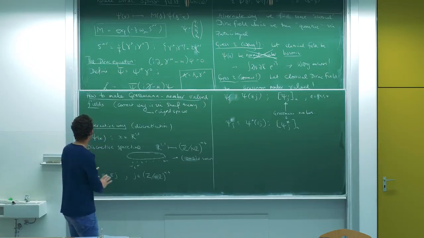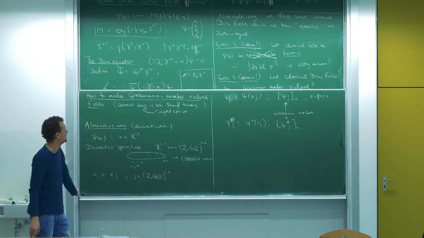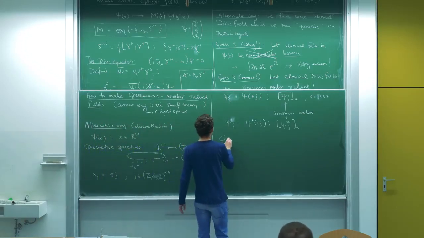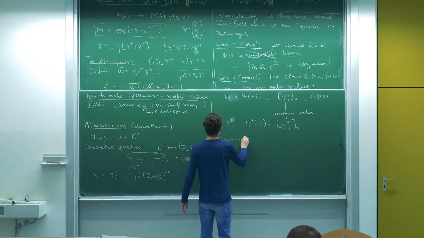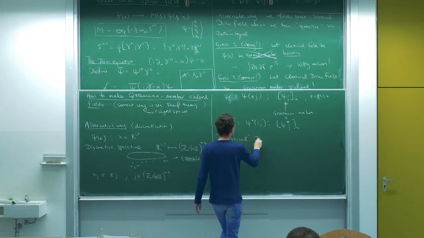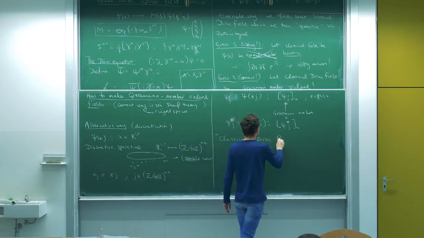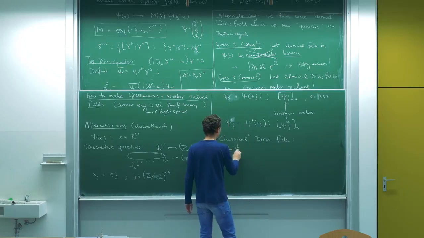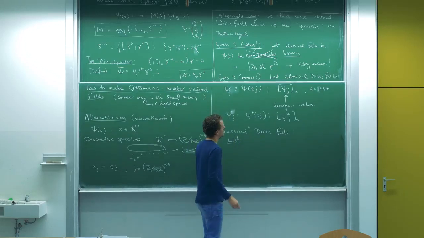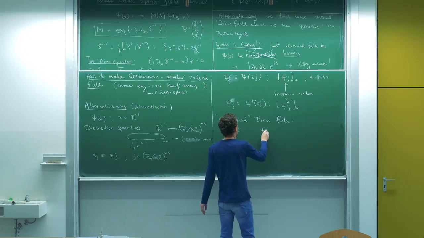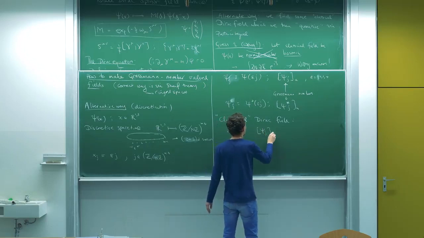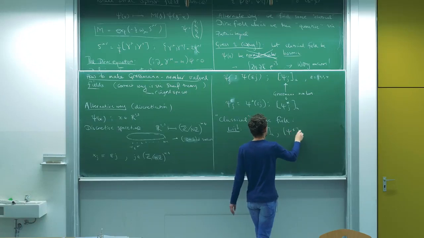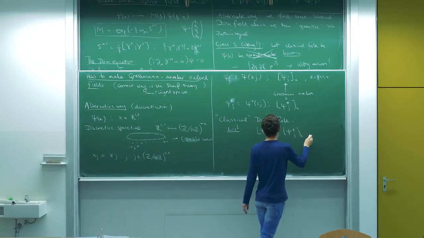So that's how we're going to define the Dirac field, the classical Dirac field. It's a list of... let's see if I can count this correctly.